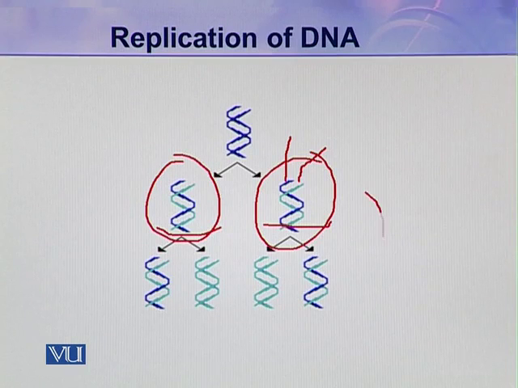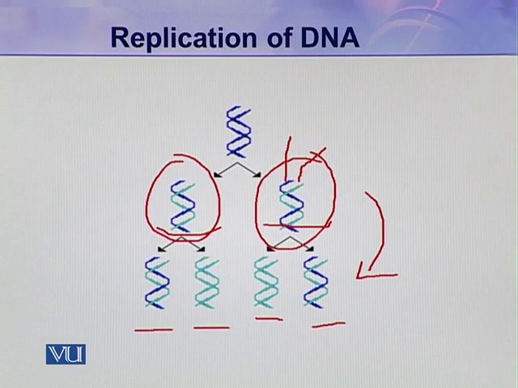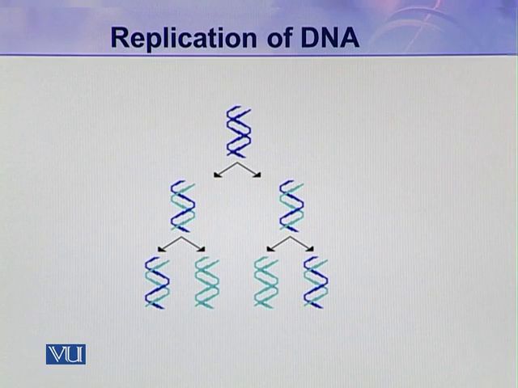Similarly, in the next cycle of replication, you can see again in this duplex, one strand is parental and one is newly synthesized. Similarly, in all these DNA molecules, one strand is parental and the other one is newly synthesized. So this is called semi-conservative replication.